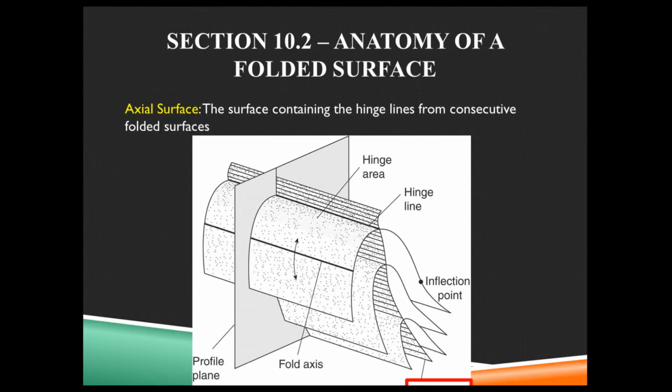And it's an imaginary surface because there's nothing physically going through it like that, like we have drawn here, but that surface that you can draw three-dimensionally, or with computer software draw it three-dimensionally, connecting all of the hinge lines is called the axial surface.